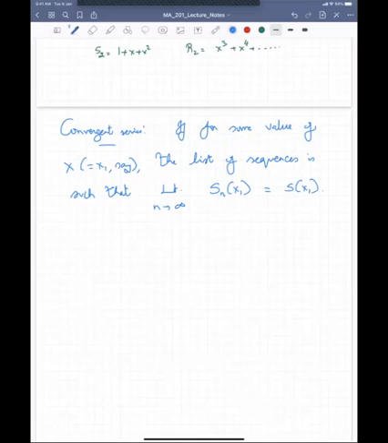So such a series is called a convergent series. It's a converging series because the list of sequences has a limit such that the limit gives you the value or sum of the series.